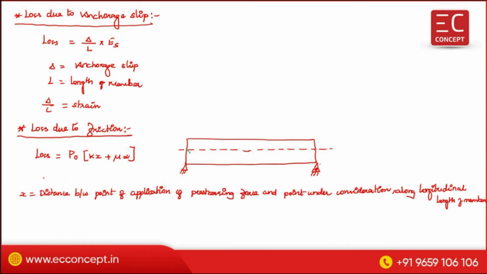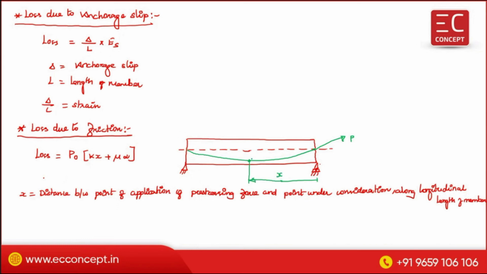This is the member. Okay, here x is considered. This is the point of application of pre-stressing force, for example P. From this point to the point where we are considering the pre-stressing loss, suppose this is the point, from here to here is the x, loss due to friction.